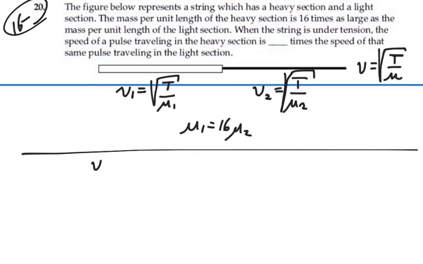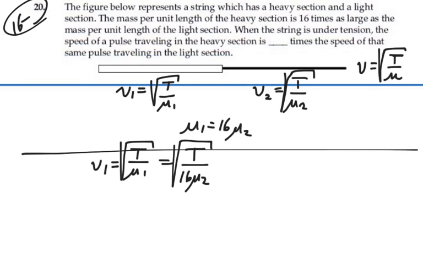Hence, velocity 1 is going to be equal to the square root of the tension over mu1, which is the square root of the tension over 16 times mu2, which we could write as the square root of 1 over 16 times the tension over mu2.